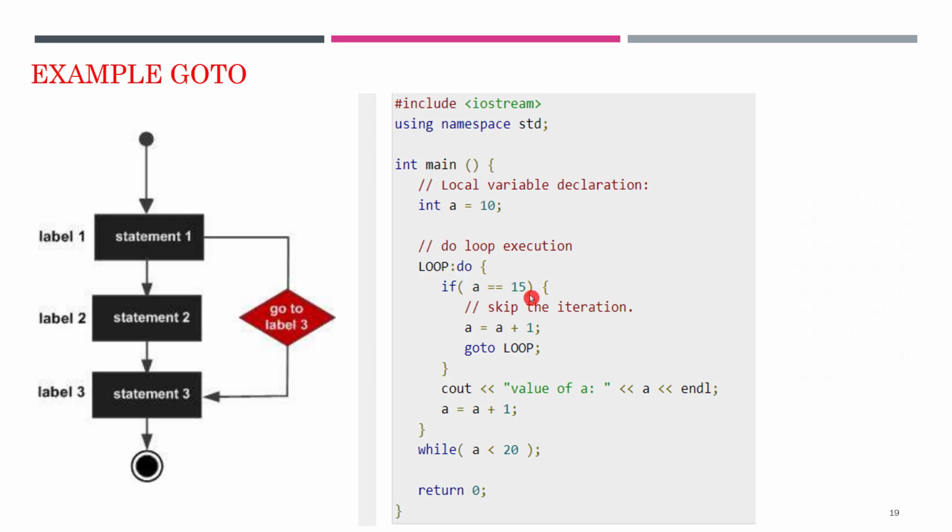If a equal to 15, skip the iteration. A plus 1. Like in the previous problem, we have 10, 11, 12, 13, 14, 15. When it comes to 15, skip the iteration. A equal to 16, changing the value. Again go to loop. So instead of continue, here go to loop is used.